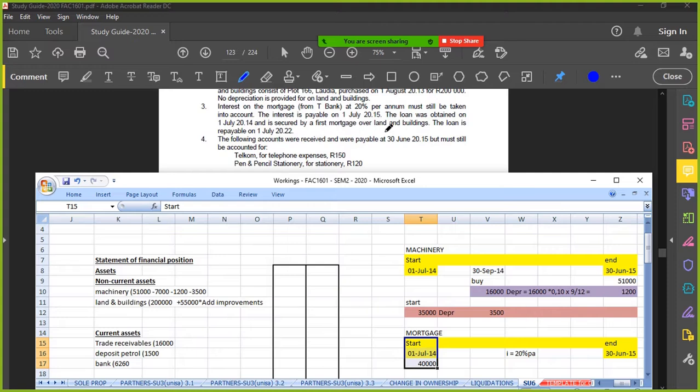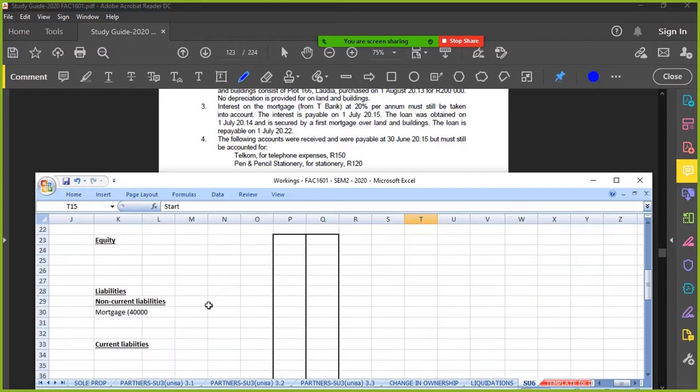Secured by first mortgage over land and buildings, the loan is repayable on 1 July 2022. That's obviously in the future, that makes it a long-term liability. So no pro rata. When I say pro rata, I mean no splitting. You don't have to split the loan into long-term and short-term, because the loan is only repayable in 2022, which is much further on in time. Does it make sense? Yes.